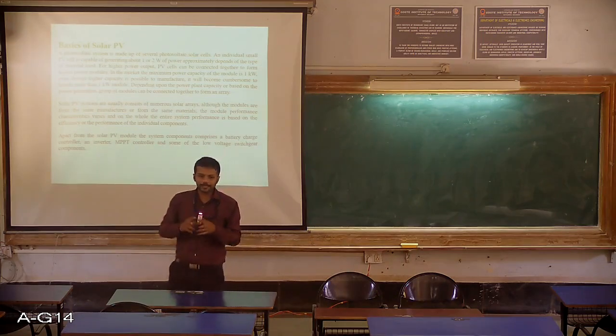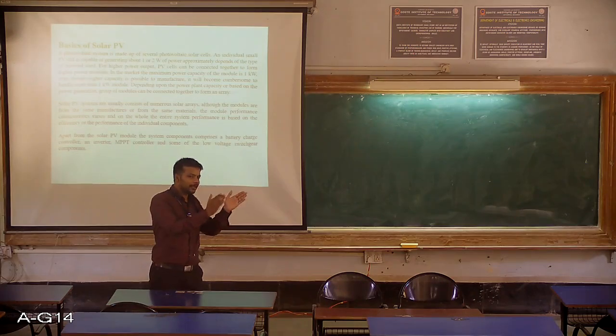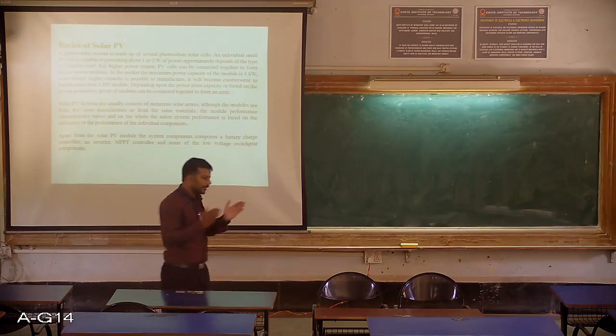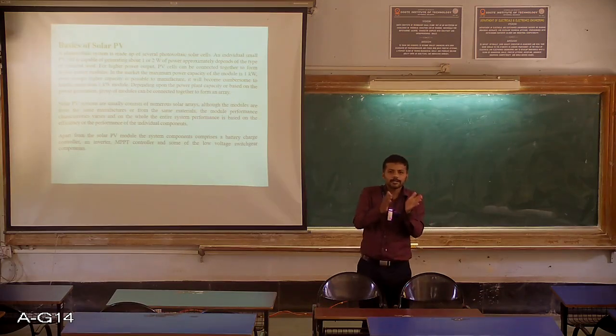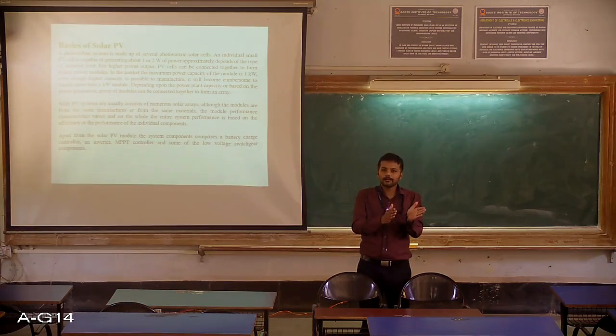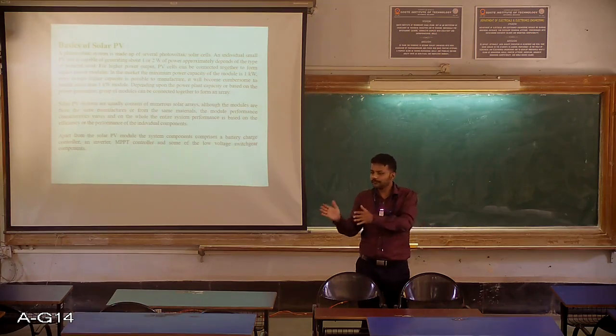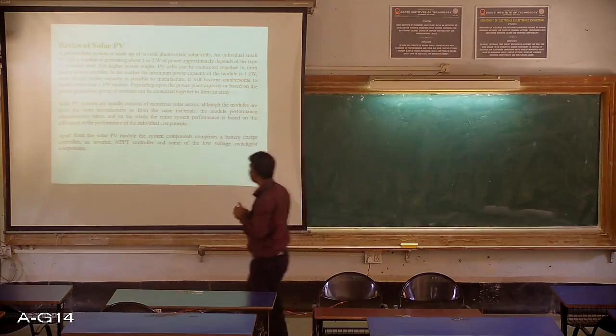Basically a cell is 1 or 2 watts, and those are connected in series to make the modules. Suppose each module is a 100 watt module; if we connect 10 modules in series, it becomes 1 kilowatt. And if we connect 1 kilowatt modules in series, it becomes 100 kilowatts. That is the meaning of this.